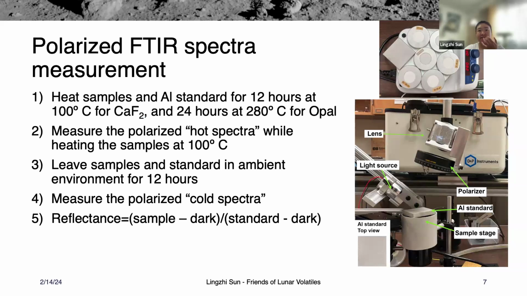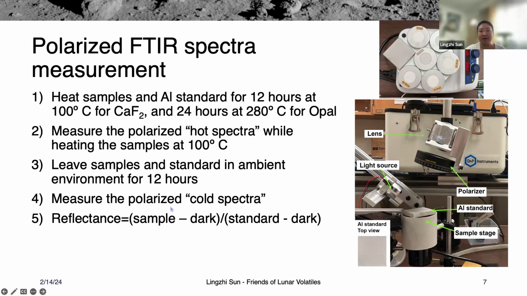Then while it's still heating, we measured the polarized hot spectra by putting it on this hot plate at 100 C. After we measure the hot spectra, we leave the samples and standard together in an ambient environment for 12 hours. So it cools down and atmospheric water will absorb to the surface.